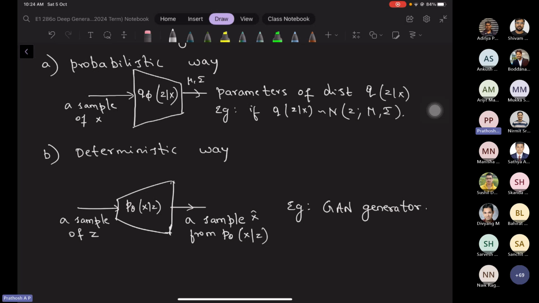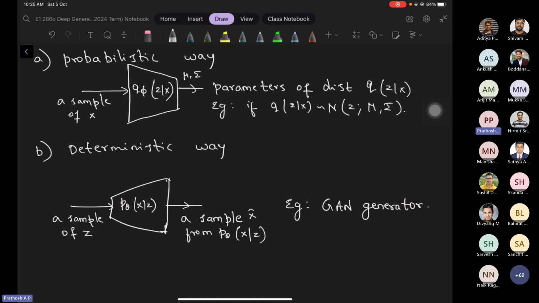Does it make sense? One question. In the probabilistic way, do we estimate the parameters for only one distribution, or a family or group of distributions? It is one distribution in the sense that if you are looking at q phi of z given x, that is q phi of z given one particular x always, isn't it? Yes.